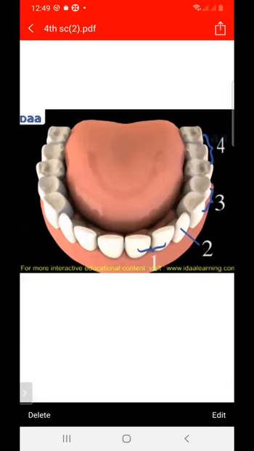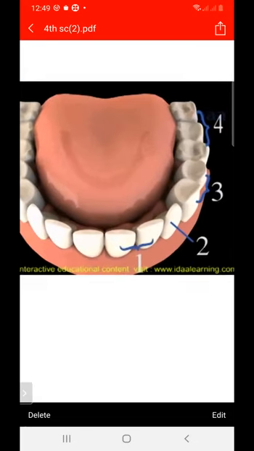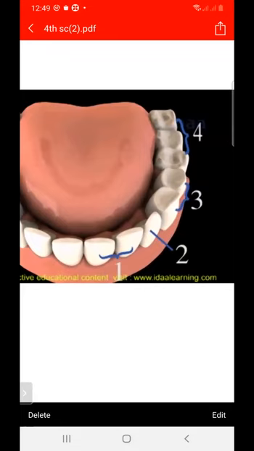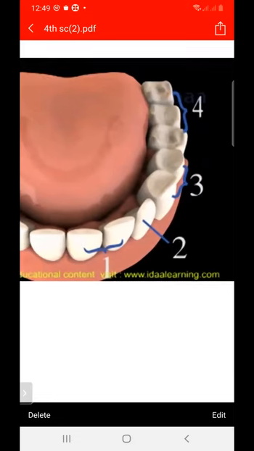Next, this is the structure of teeth. Many teeth are shown, and they are numbered 1, 2, 3, and 4. What are they? 1 is incisor, then canine, then premolar, then molar. On number 1, 2 incisors are shown, then 1 canine, three premolars, and 4 molars are shown in the figure.